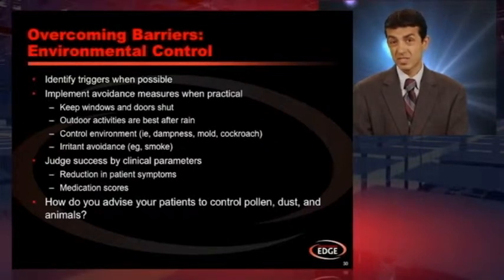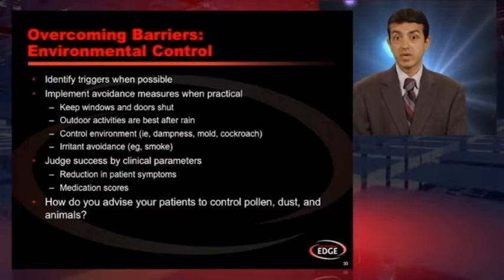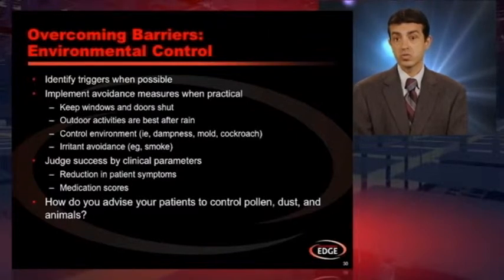Outdoor activities are best after rain since there's been a washout of the high ambient pollen count. Control the environment: dampness, mold, cockroach, for example, irritant avoidance. But we ultimately need to judge success by clinical parameters, and that is a reduction in patient symptoms and medication scores. So how do you advise your patient to control pollen, dust, and animals?